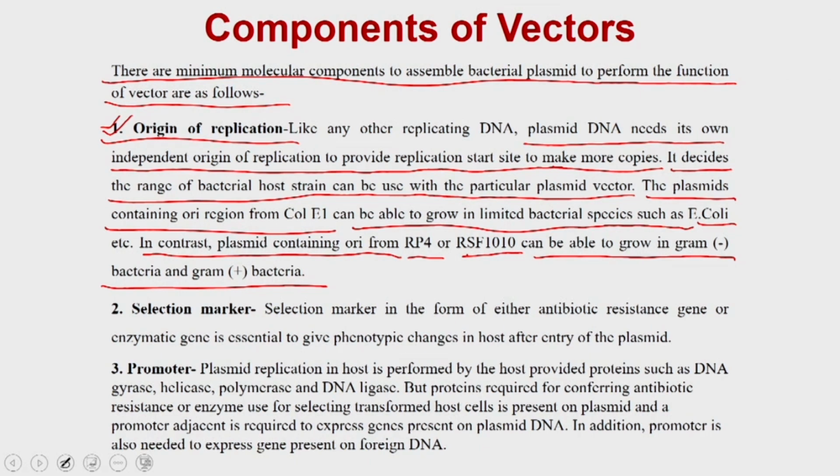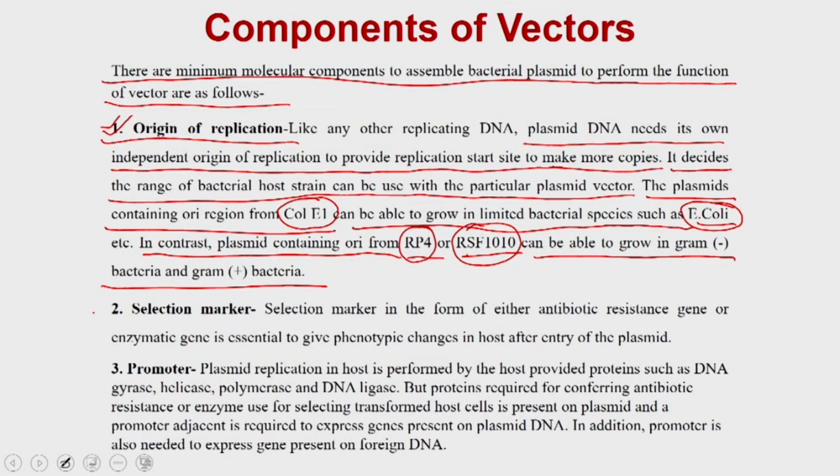In this case, if you have the origin of replication from col E1, it is only going to replicate within E. coli, whereas if you have taken the origin of replication from RP4 or RSF1010, that will allow you to generate a vector which will grow in gram negative as well as gram positive bacteria.